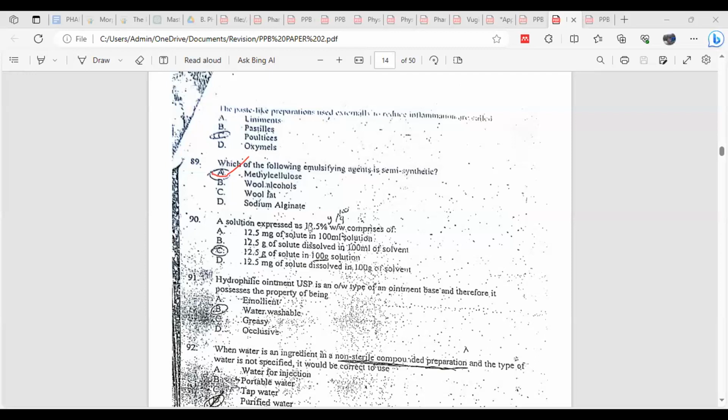Natural emulsifying agents are gelatin, wool fat, egg yolk. The egg yolk is from animal sources. I think sodium alginate is from a plant source. But they say wool alcohol is produced from lanolin and then reacted with acetic acid.